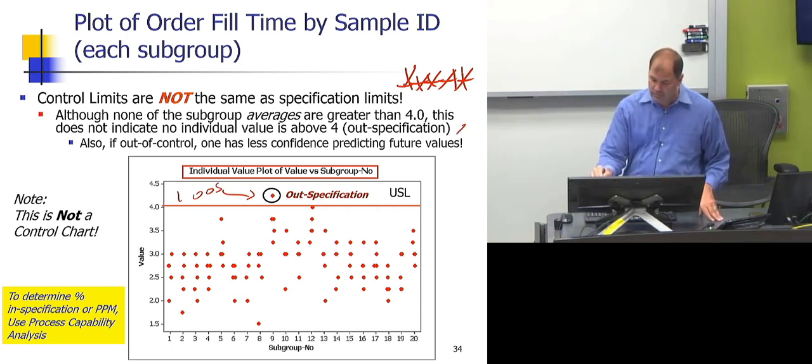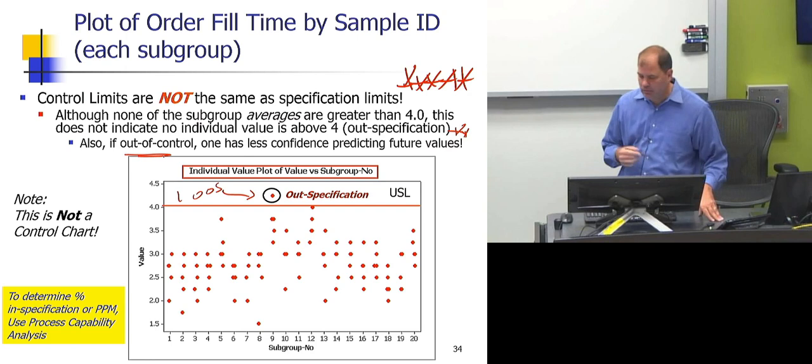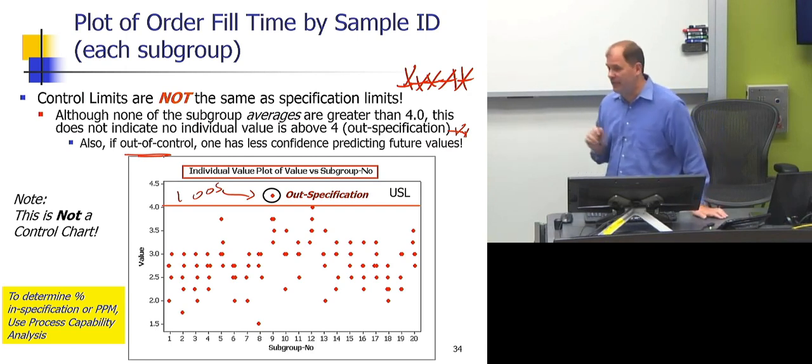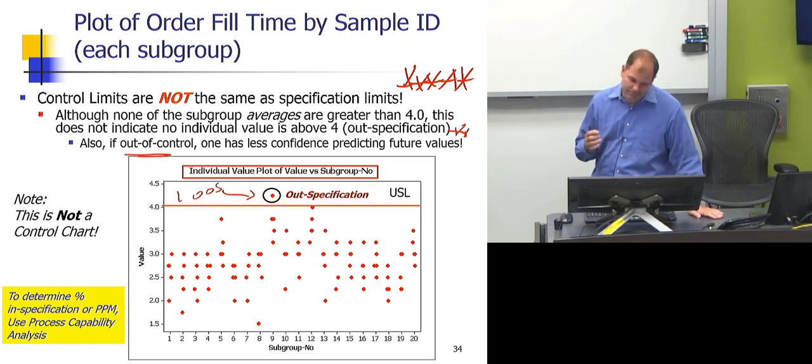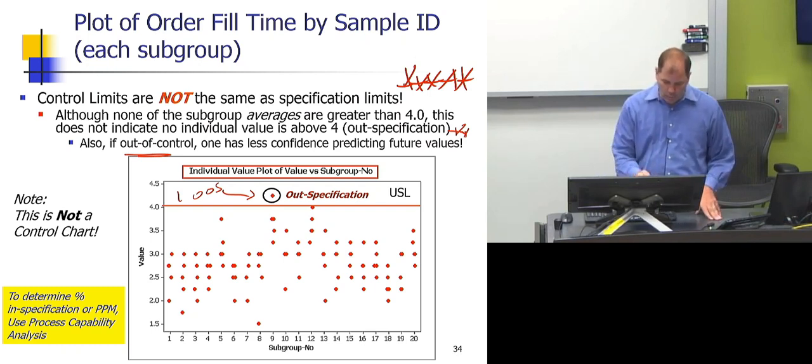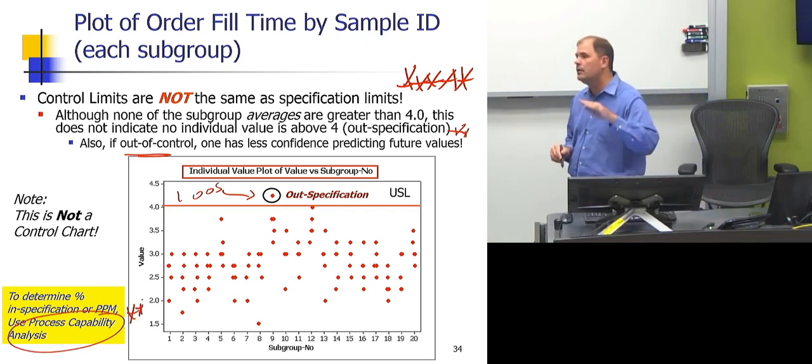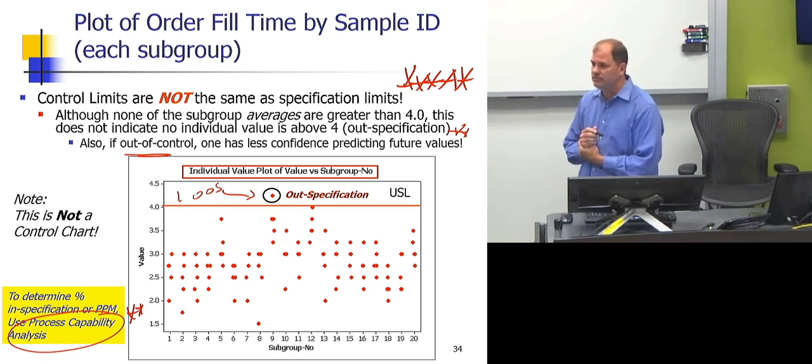Also, if you're out of control, we're also less confident in our prediction of the future. Fitting a normal curve and predicting the expected ppm, for example, is not as useful to do. If I want to know what the percent in spec is, we're going to come back to our tool that we used before, process capability analysis.